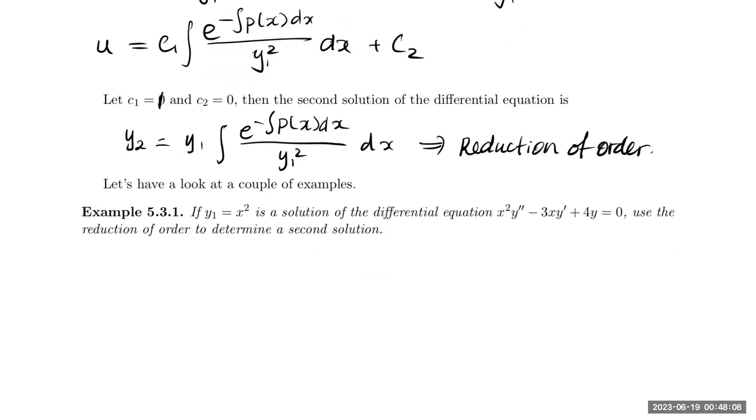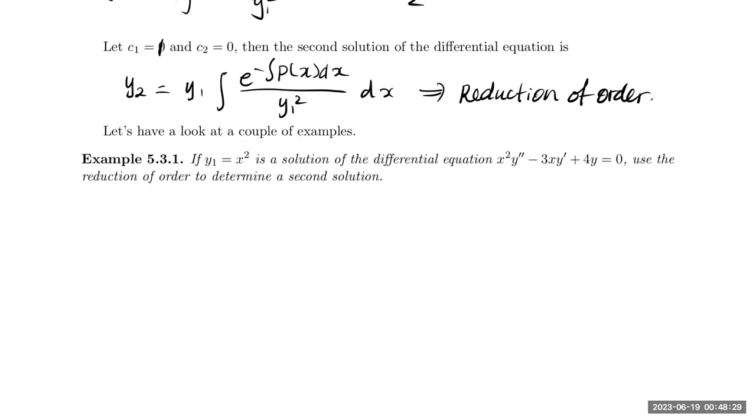So let's have a look at some examples here. Remember that we have to assume that y1 is a solution of the differential equation. Our goal here is to find the second solution.